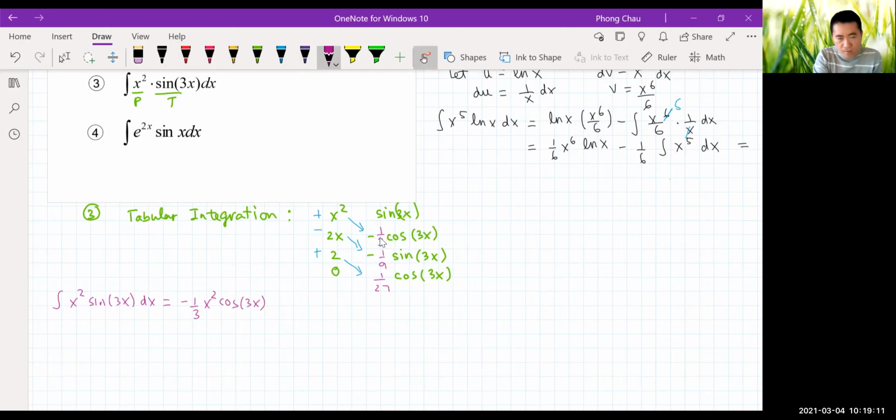That times that. Then negative 2x times negative 1/9 becomes a positive, plus 2/9 x times sine of 3x.